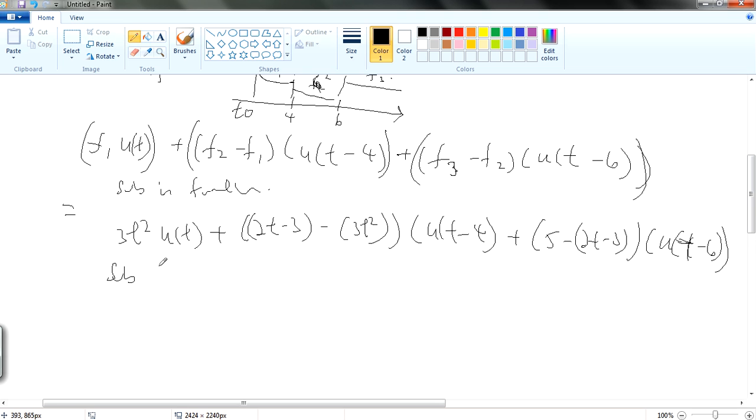Now you sub in the time interval. Since it's minus 0, you don't need to sub in anything, that's 3t squared, that's all.